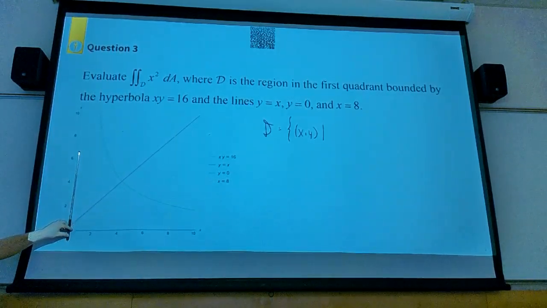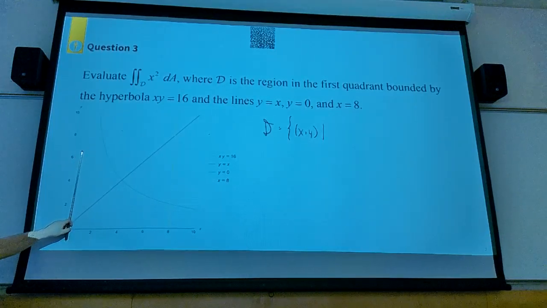Again, your imaginary bar, right? I agree, it's going to totally slide over to 0 to 8. But what is it going to do for y?